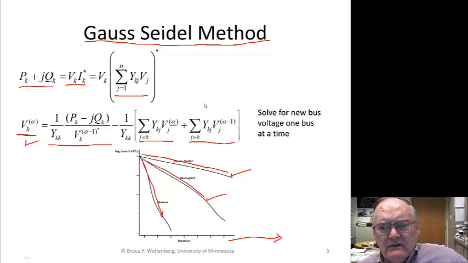Where I have seen this still used today, doing large power flows, oftentimes power system planners will take the Gauss-Seidel and run maybe 10 or 20 iterations of it.